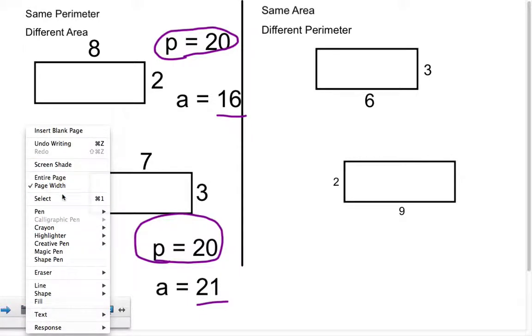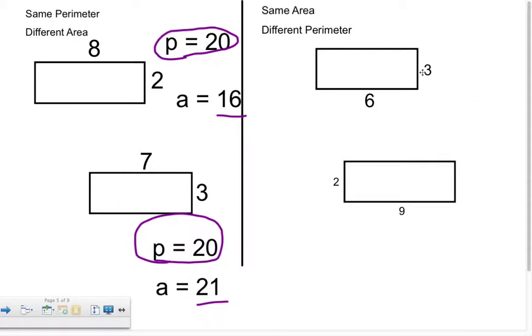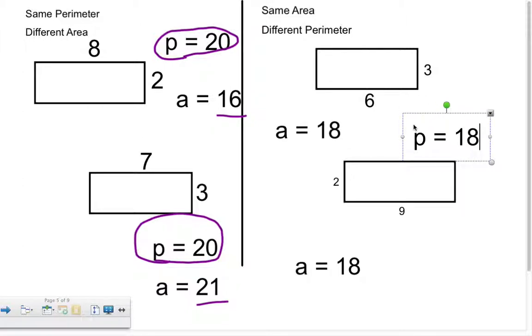The same thing is going on the other side of the screen. You have 6, 3, and 2, 9. If we multiply those out, 6 times 3 equals what, kids? For the area, 6 times 3 equals 18. And then down here, the area would be 2 times 9. And 2 times 9 equals, know your times tables, 18. But if we add it up for perimeter, we get 6 plus 6, which equals 12, plus 3 plus 3. The perimeter over here is, coincidentally, 18.